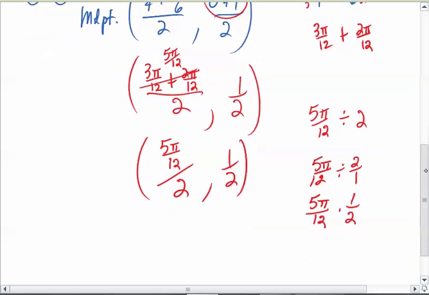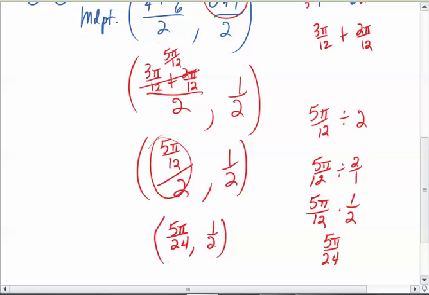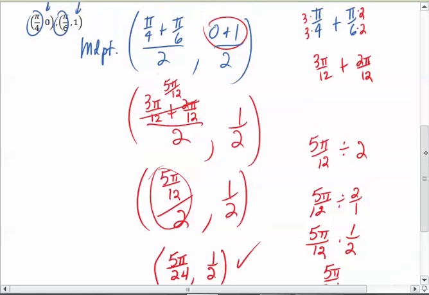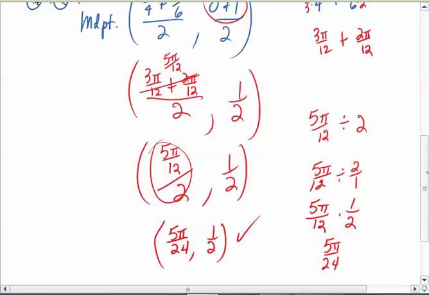If I multiply by the reciprocal, that's going to give me 5 pi over 24, and that is me simplifying this. So this gets replaced with 5 pi over 24, and then the y-coordinate is 1/2, and that, folks, is the midpoint of those two points, and that's the exact midpoint.